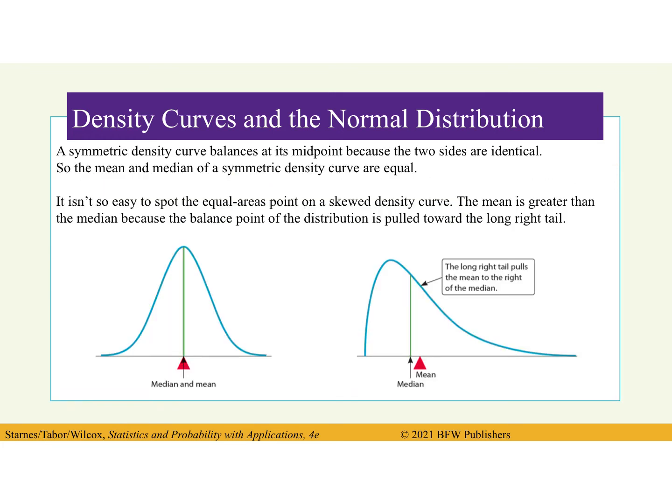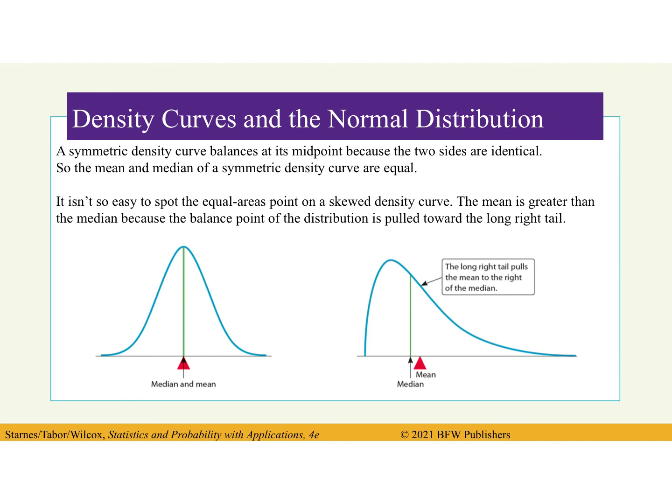So definitely write this into your notes. A symmetric density curve balances at its midpoint because the two sides are identical, so the mean and the median of a symmetrical density curve are equal. This is not different from when we talked about symmetrical dot plots, histograms, stem and leaf displays. If it was symmetrical, the mean and the median are the same.